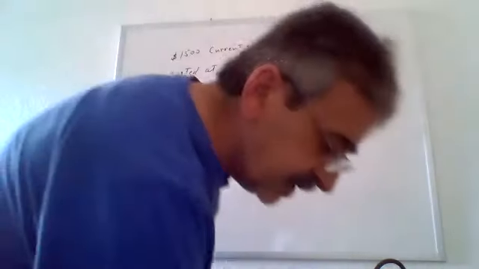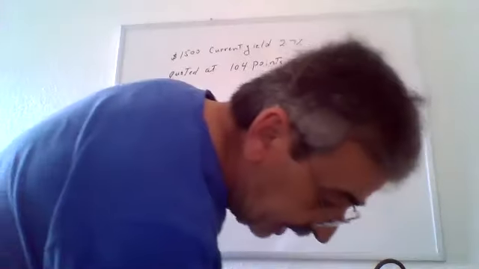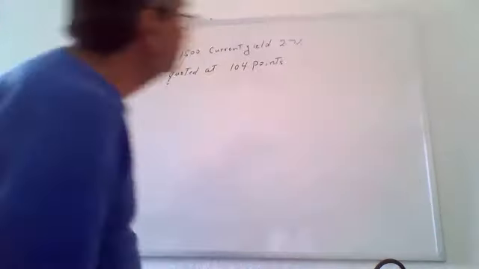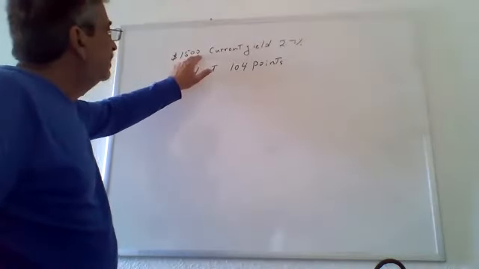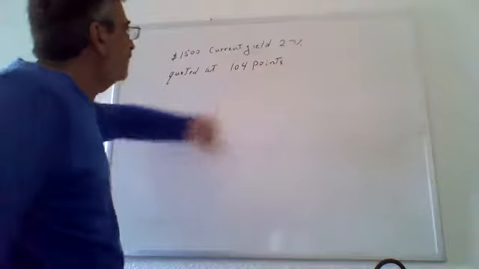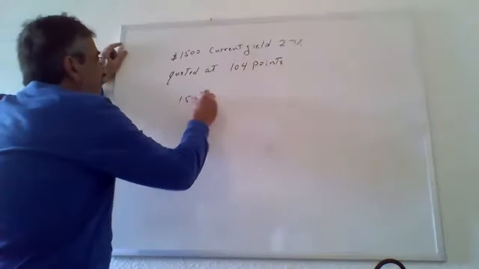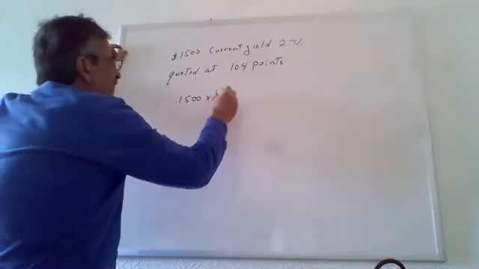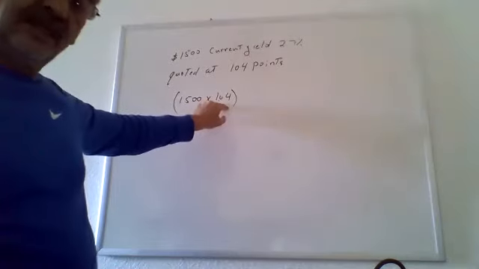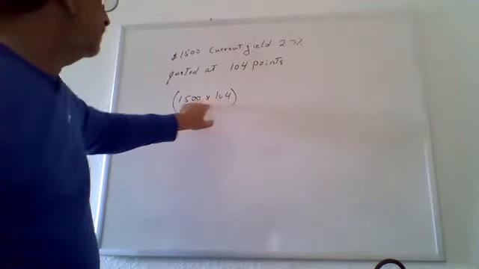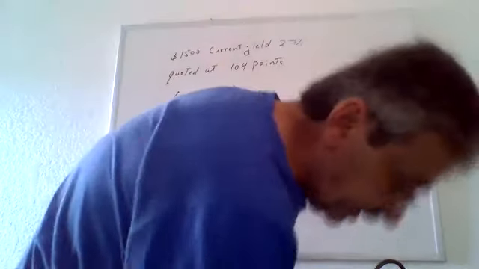Well, in that case, this is simple. We're looking at the annual interest. So we have a bond of $1,500, and since it's quoted at 104 points, we have 1,500 times 1.04. So that's going to be the price of the bond.